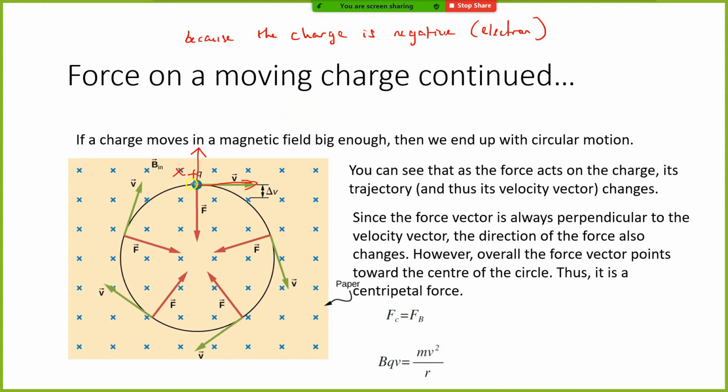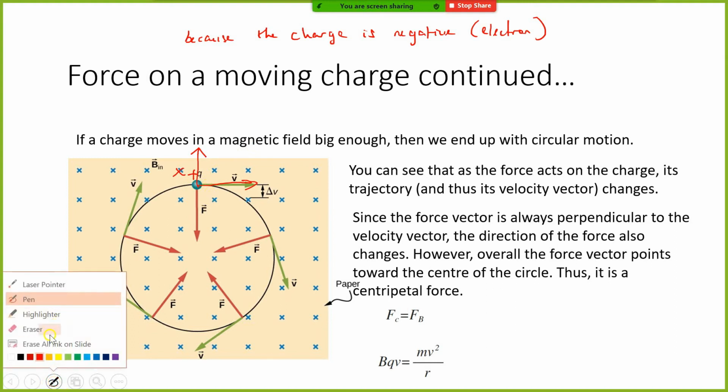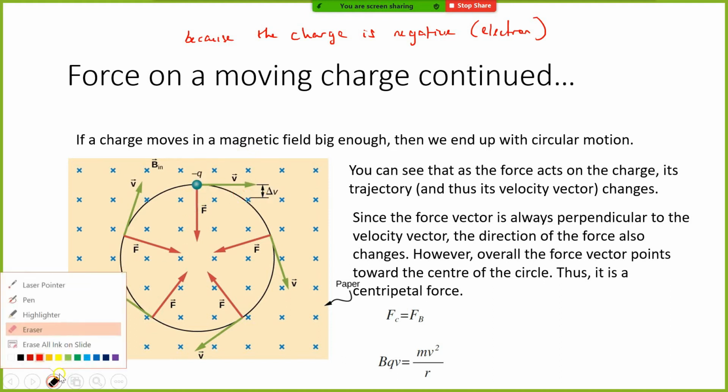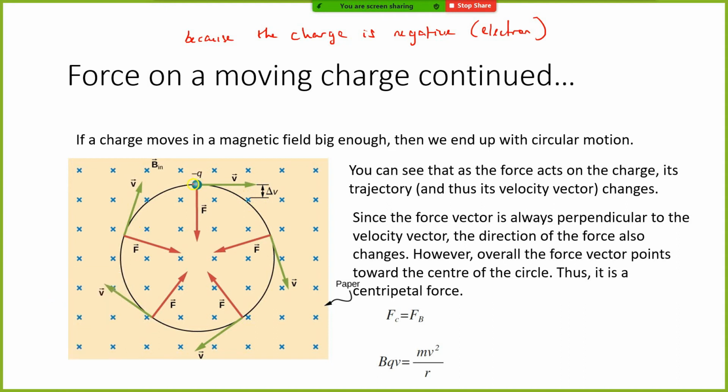Now, remember that a positive charge is different from a negative charge. So if this was a negative charge, it's going to behave opposite to what the positive charge is doing. It means now that everything that we're doing here is going to be opposite, except for the magnetic field. The magnetic field is going to remain as is, but the velocity is going in this direction.